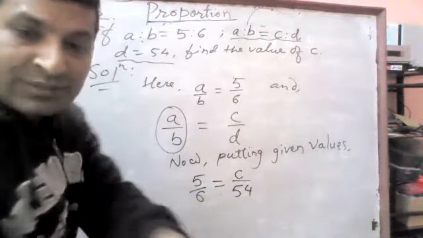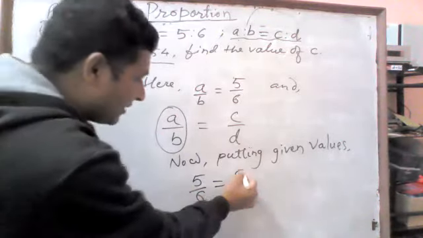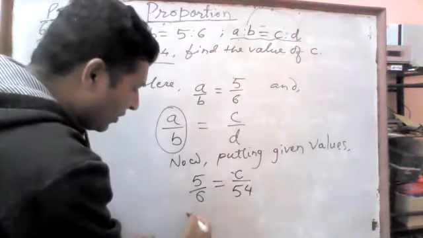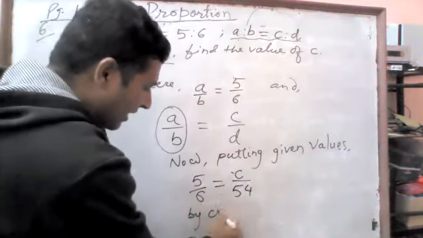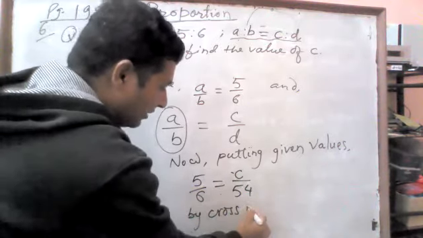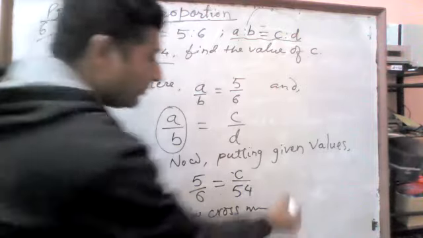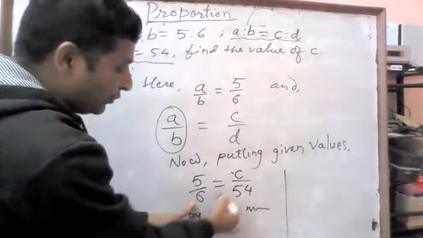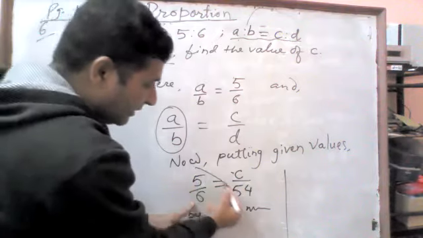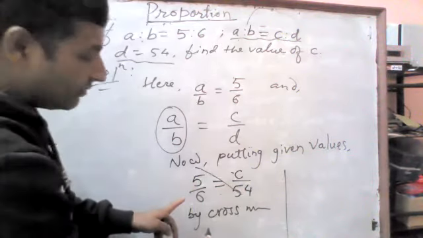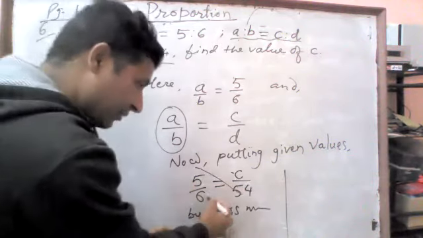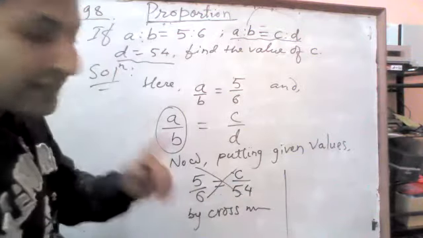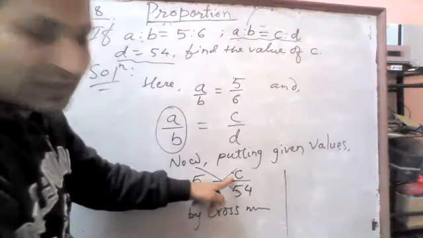Now we just cross multiply, just cross multiply as before. I'll write here, 6 multiplies. We can multiply from this direction first, or from this direction also, but we choose where there is the unknown quantity.